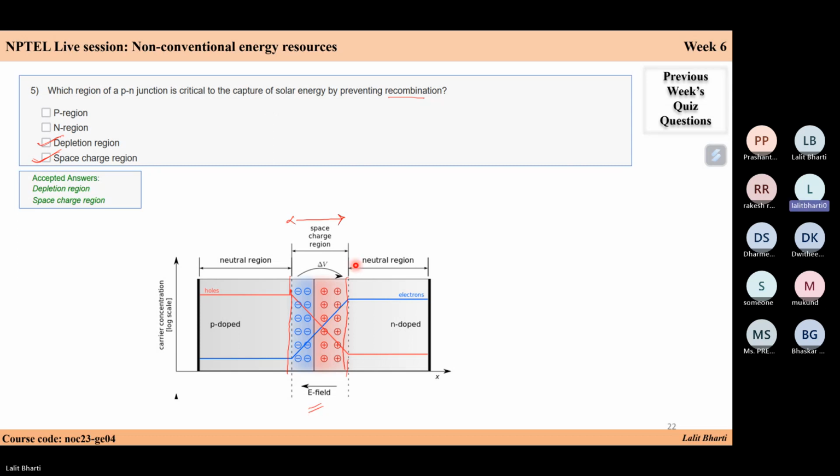So we know that only this middle region, which is called the depletion region or the space charge region, is important for us. So this is critical to capture. All the P and N side, these are not critical, or are where recombinations happen. So only this region is critical to our PN or solar cell applications.